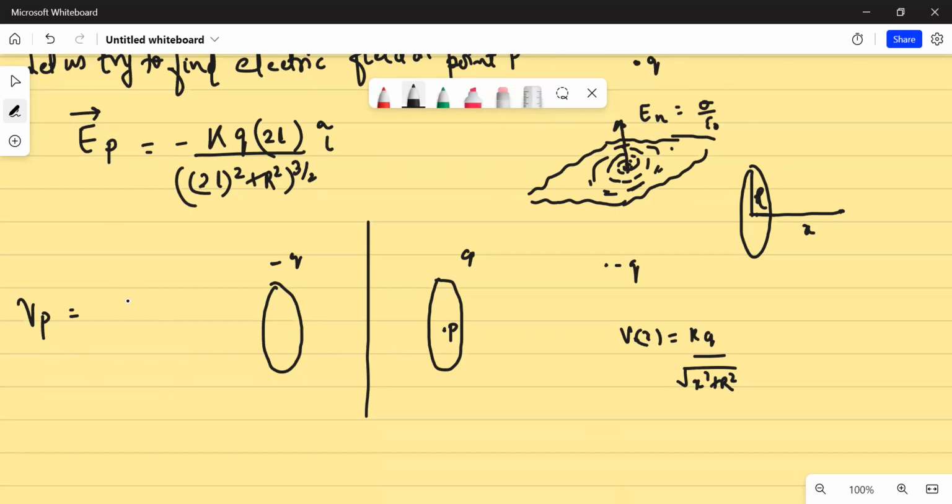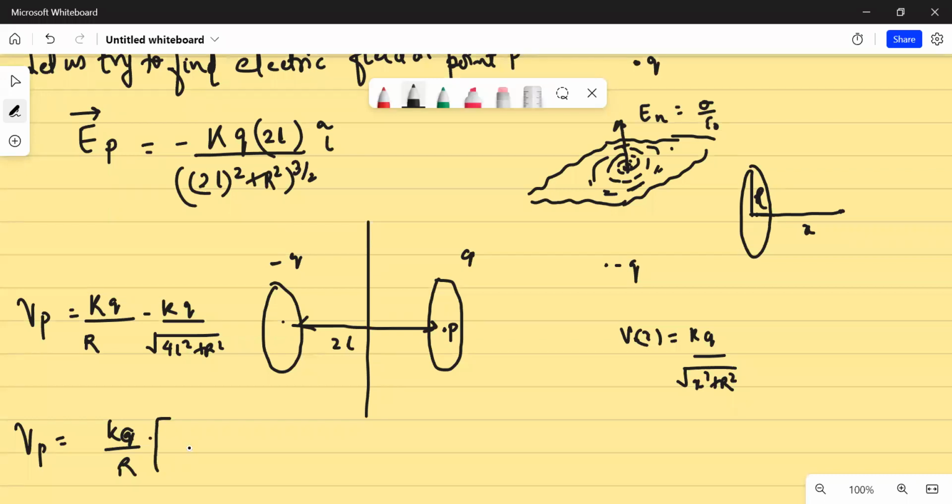So the potential at point P would be simply kq upon R, because x is 0 here, and because of the image there would be minus kq divided by root over 4L square plus R square, because this distance in totality is 2L. So the potential at point P would be, if I take kq upon capital R common, 1 minus 1 upon root over 1 plus (2L upon R) whole square.